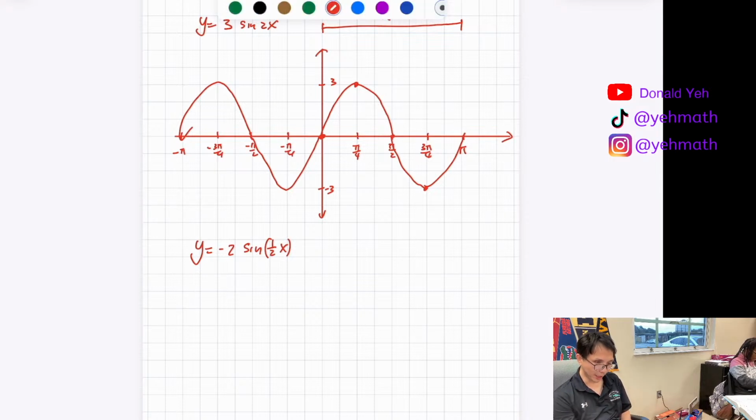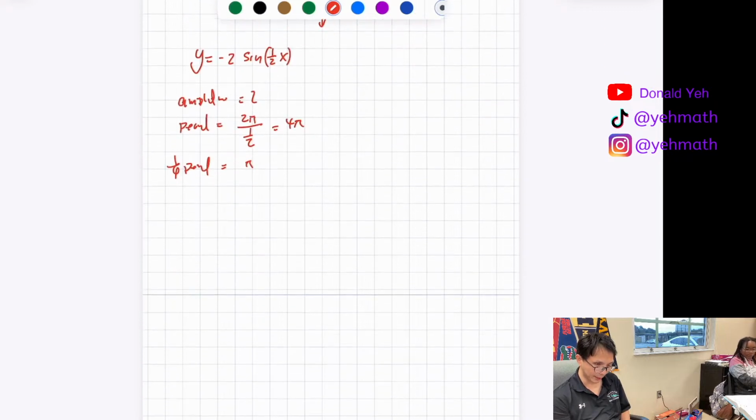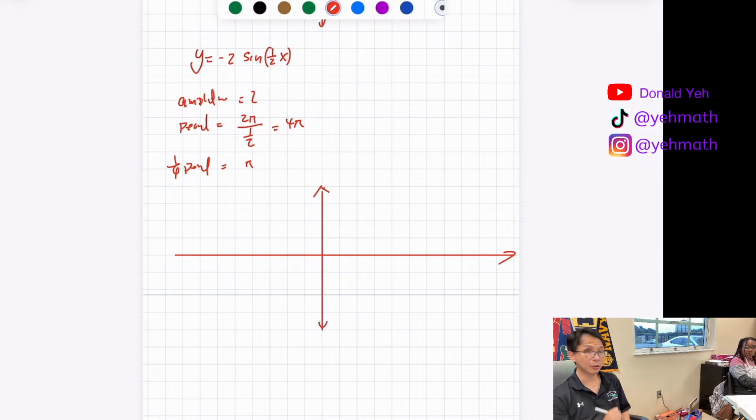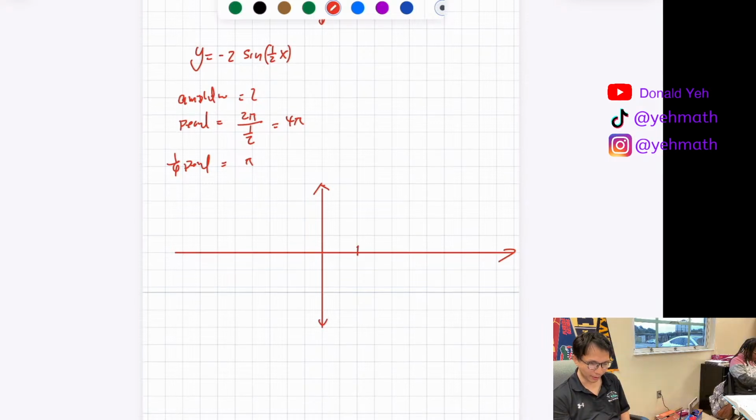Start with the amplitude. What is my amplitude? It's equal to 2. Now, what is my period? It's 2 pi divided by 1/2, so that means 4 pi. So quarter period is what? Pi. You should have all this information written down. Now, a lot of people hate graphing. You cannot just write down information and stop right there. You have to go in and graph the scale now. Each quarter period is going to be a scale of pi, 2 pi, 3 pi, and 4 pi.